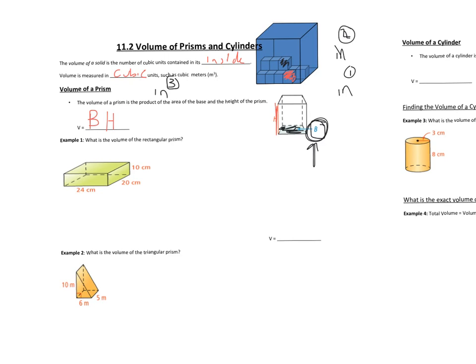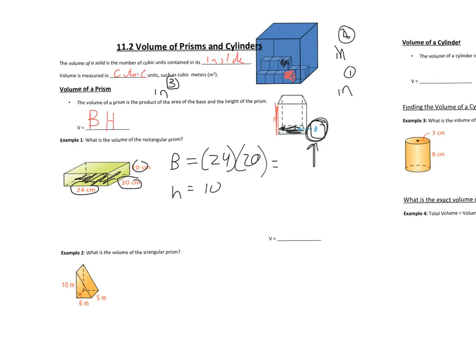Now, the easiest one to do, and I'm sure you guys even did this way back in grade school, is to find the volume of a rectangular prism. The base here is a rectangle, which is 24 times 20. And the height of that prism is 10.